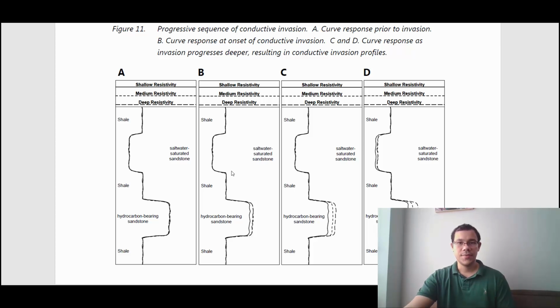This is a conductive invasion, so you start seeing your shallow resistivity smaller than your deep, and as invasion continues, you get this one. There's more separation between these curves. So I hope you can get familiar with the invasion profiles, and thanks for watching.